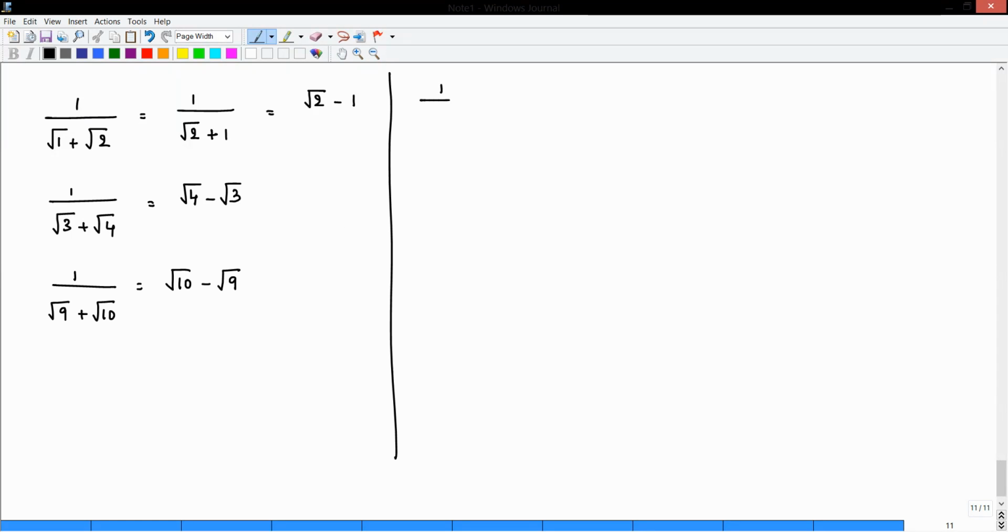1 by root 1 plus root 3. Difference is 2. It's going to be root 3 minus 1 by 2.